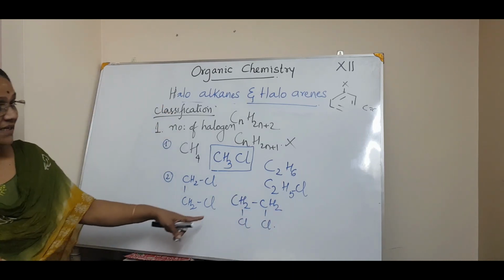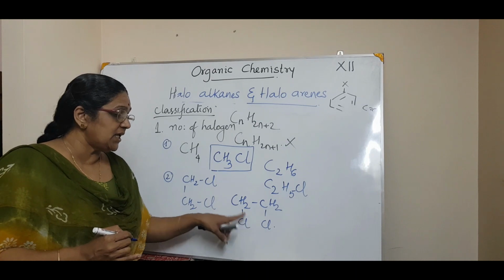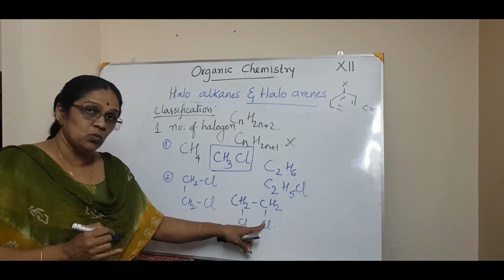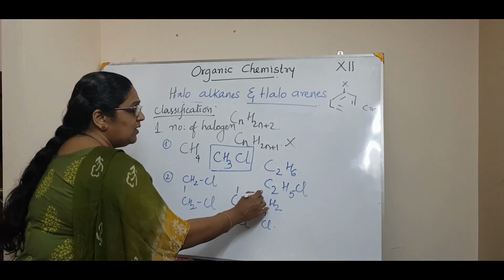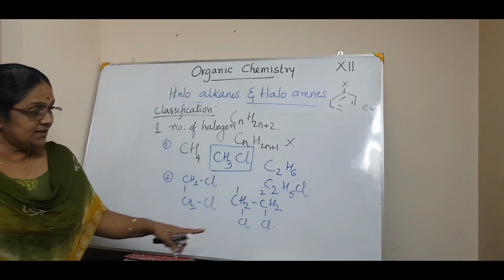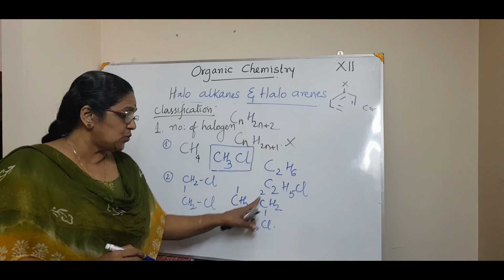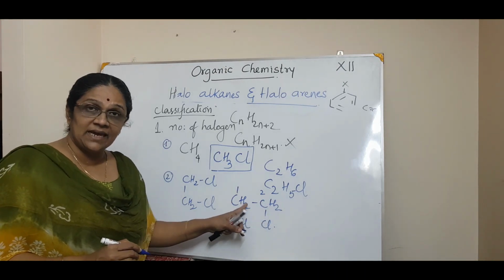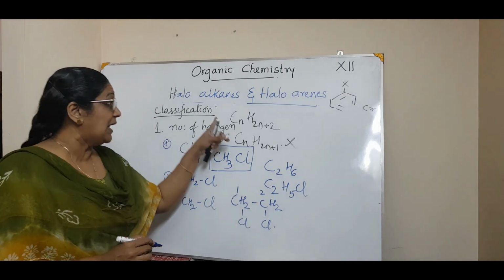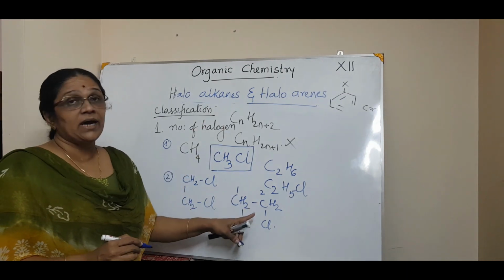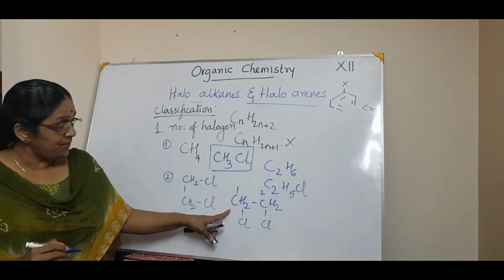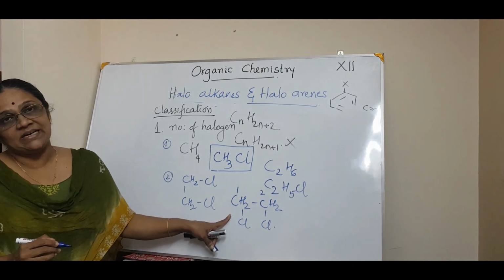You know the IUPAC name? It is 1,2-dichloroethane. You know how to name it: give the numbers and then the halogen, 1,2-dichloro, and with two carbon atoms and single bonds, it is ethane. So this is a dichloro derivative.